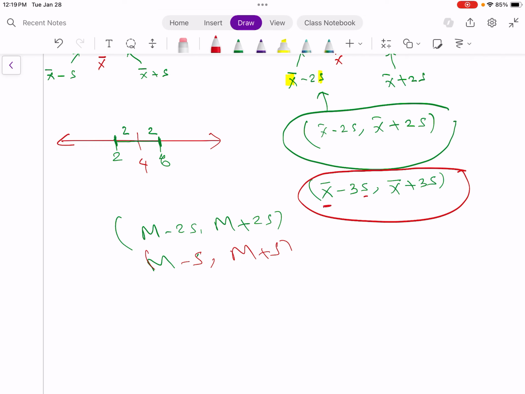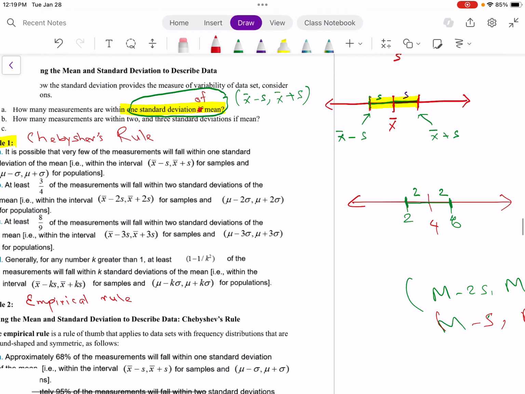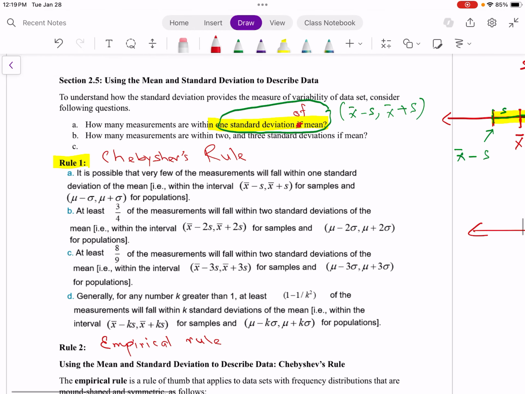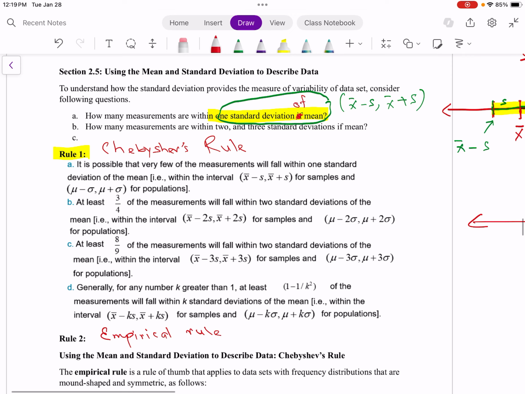Now, the very first rule is Chebyshev's rule, and we can use it for any type of data set. It does not need to be a data set where the median and mean are equal to each other.